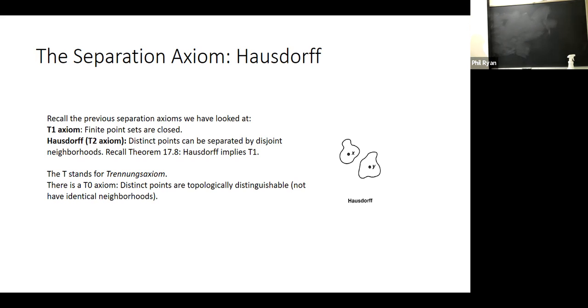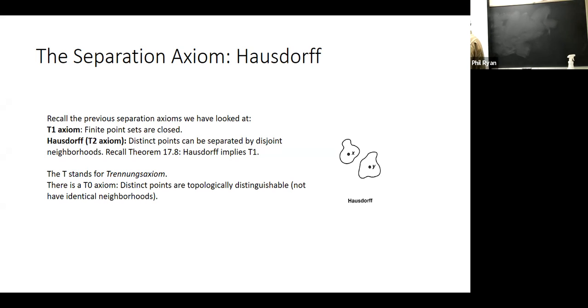And there's actually a T0 axiom, which says that distinct points are topologically distinguishable. So what does that mean? If I have two points and the neighborhoods of x are the same as the neighborhoods of y, then we can't topologically tell the difference between the two points.